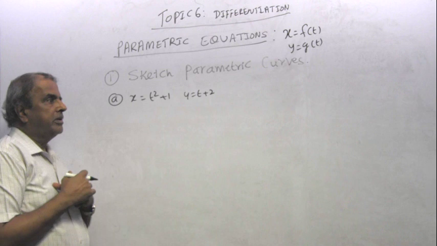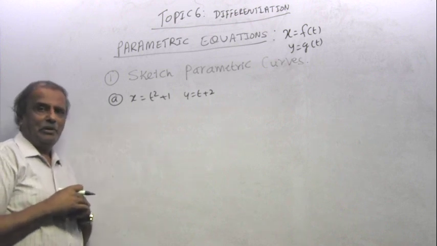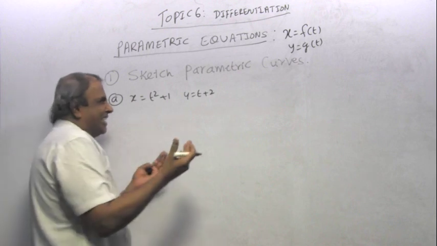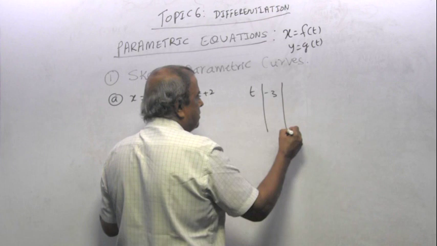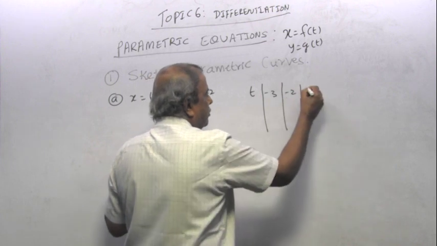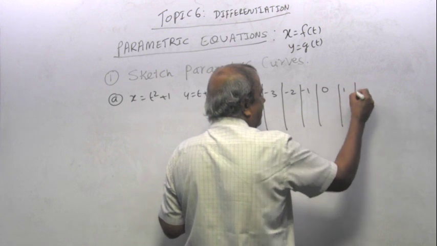You're asked to sketch. Of course, you can spend your whole lifetime giving values and finding points, but generally, what I suggest is, with its algebraic function, put values from -3 to 3 to get the shape.